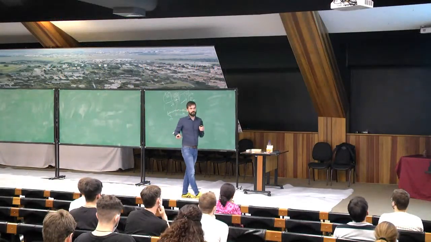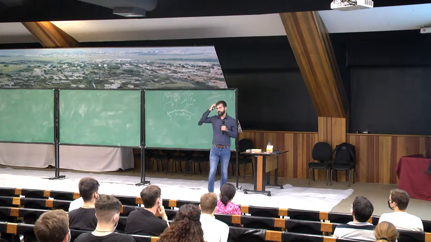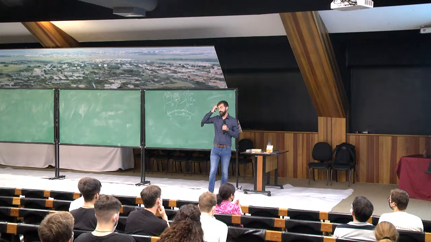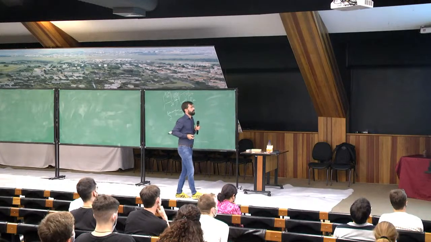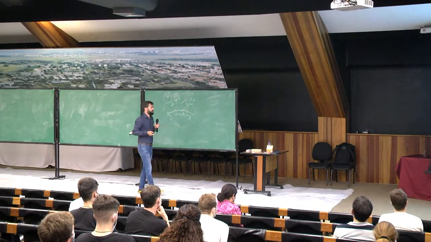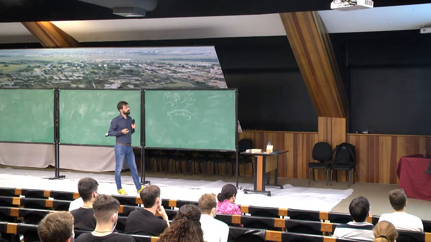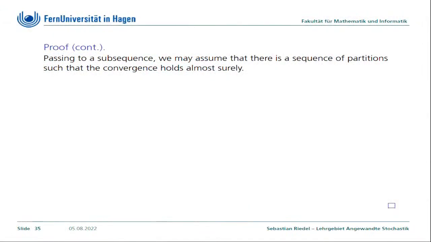Not sure if you did that in the stochastic calculus course, but this is how you can introduce the Ito integral if you like. If not, you have to believe me that this is true. And you can now pass to a subsequence, because if you have a convergence in probability, you know that there is a subsequence that also converges almost surely.